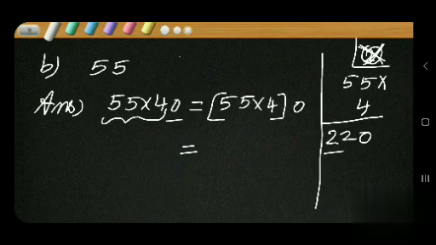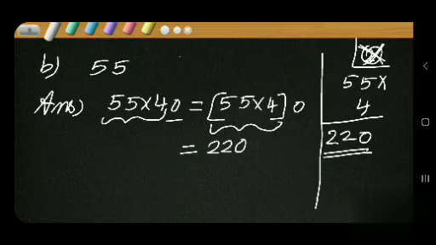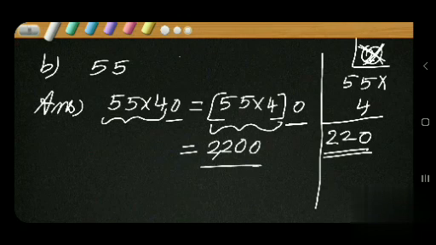So what is 55 into 4? 220. And with this answer, how many zeros? One zero. How to read this number? 1s, 10s, 100s, 1000s. 2200 is the answer.